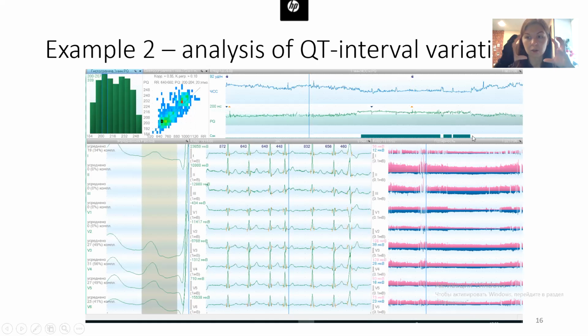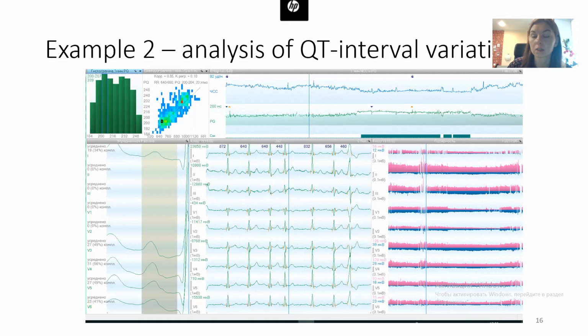So it's also an integral representation of your data, but it allows the doctor to analyze a complex view of the event. If the P wave is really important for some diseases, it's also bad if it varies a lot, with decreasing or increasing of this P wave.